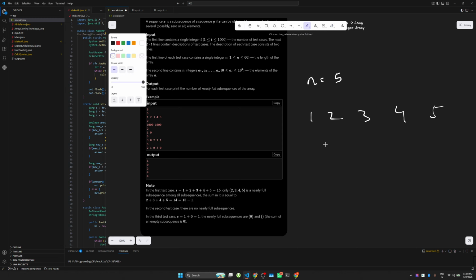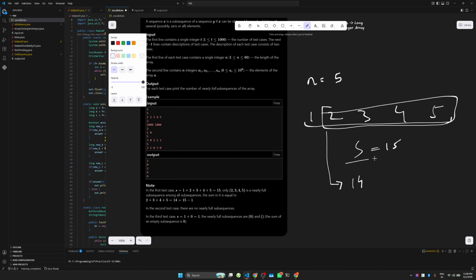Then what is a good subsequence? As we can see from here, this whole thing equals 15, and a nearly full subsequence is this, which equates to 2 plus 3, 5, 10, 14. 14.